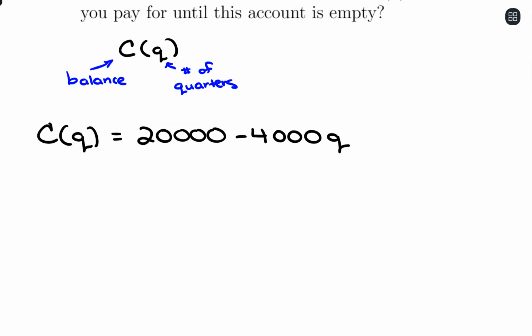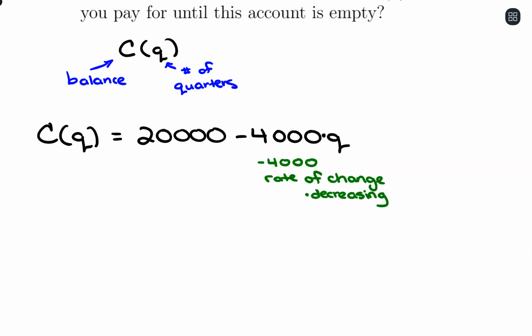Interpreting. So whatever is multiplying with Q is our rate of change. So let me just say that. So with this negative 4,000, this is our rate of change. So something we could see here is that it is decreasing.